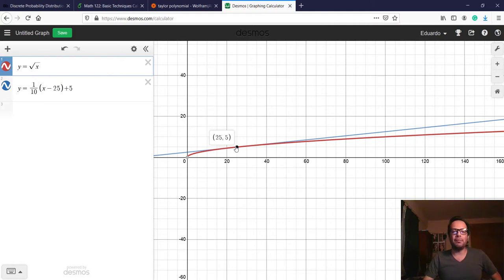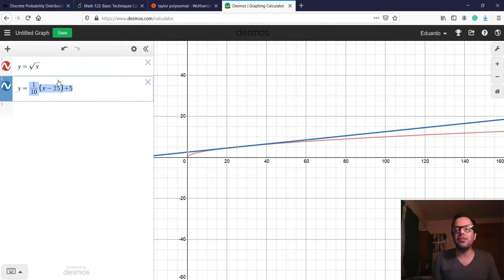The other solution is to still develop the approximation around x equals 25, but not go only with a linear approximation. So the bigger picture of this section is to add more terms to this linear approximation to obtain a way better approximation. That is, we are going to use a quadratic approximation, a cubic approximation, or a quartic approximation, or a quintic approximation, right?